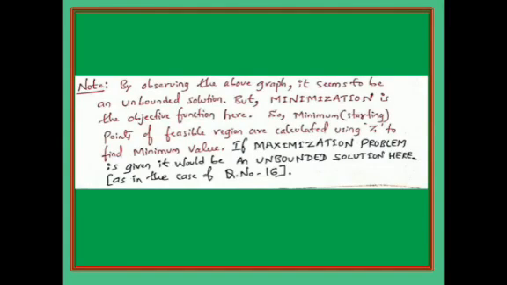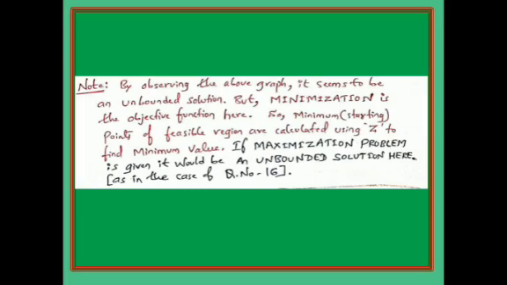Both question number 16 and question number 17 give an unbounded feasible region. Again, try to understand. Both question number 16 and 17 are giving an unbounded feasible region.